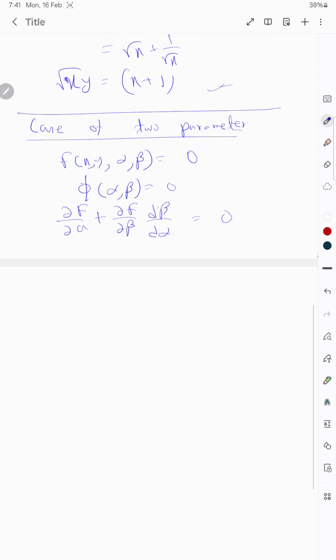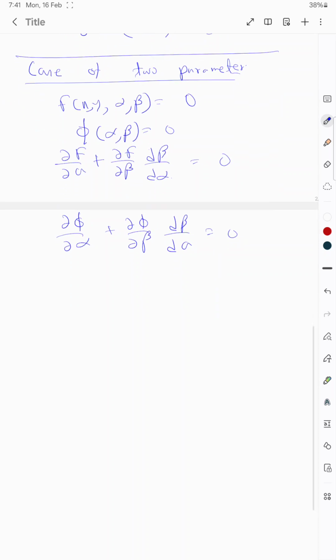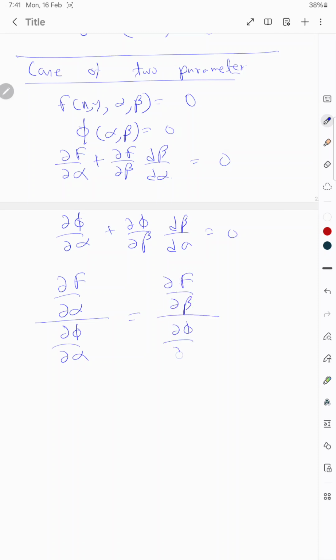And if you do the same thing for the second one, you have del phi del alpha plus del phi del beta into d beta d alpha equal to 0. Now if you try to eliminate this d beta d alpha, you will get a relation of this type: del f del alpha divided by del phi del alpha equals del f del beta by del phi del beta.